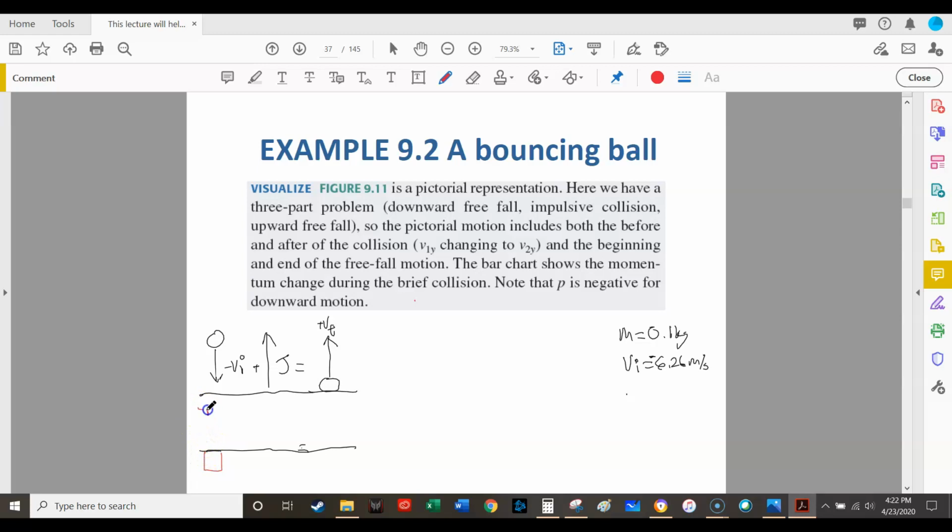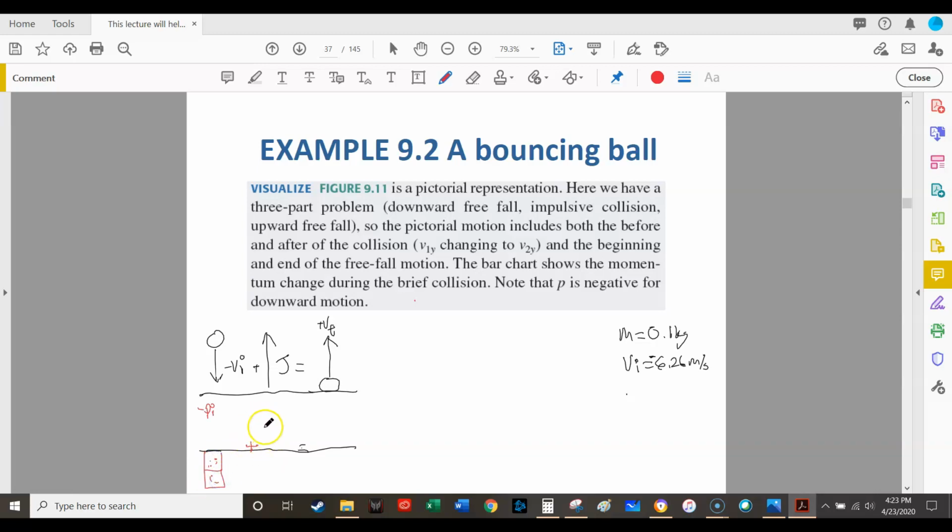So it's going to have a negative initial momentum. The J vector is going to be, and this is just subjective, but I'm going to say it's going to be a big force. So it's going to send it upwards. And actually, let me do this. Let me give it 2 blocks here.